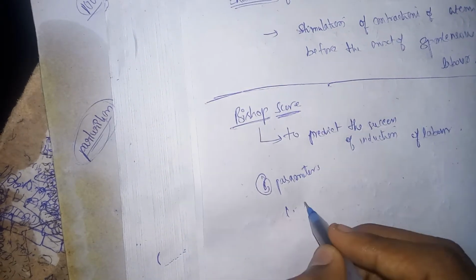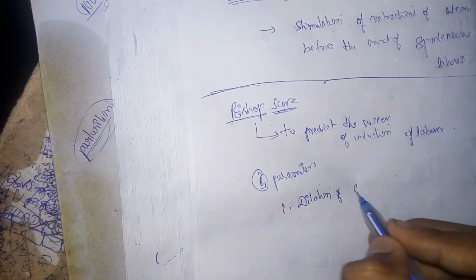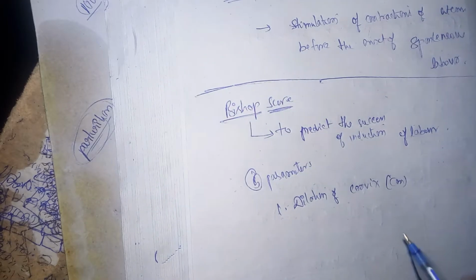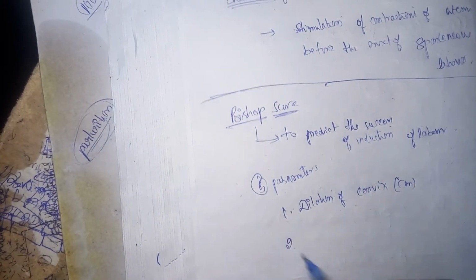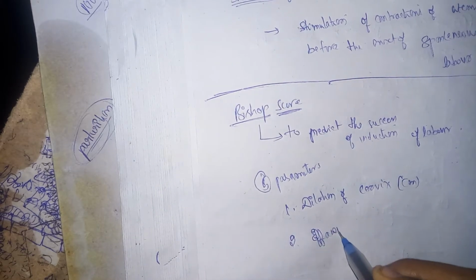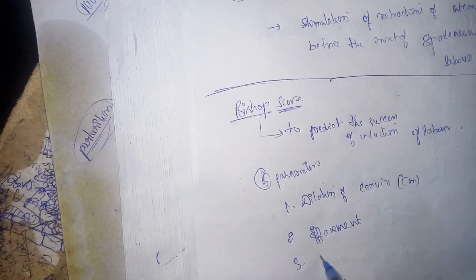One is dilation of cervix in centimeters. Second one is effacement. Third one is station.